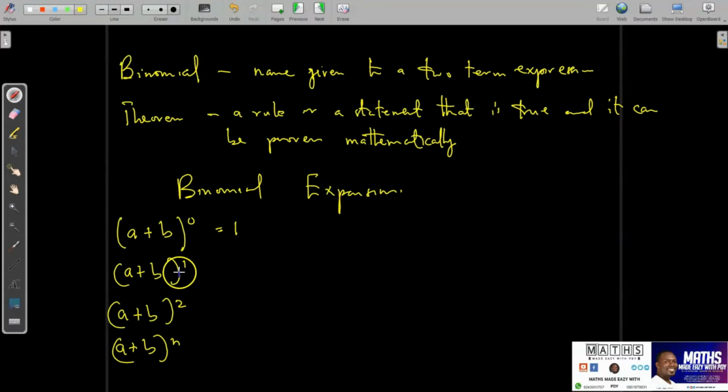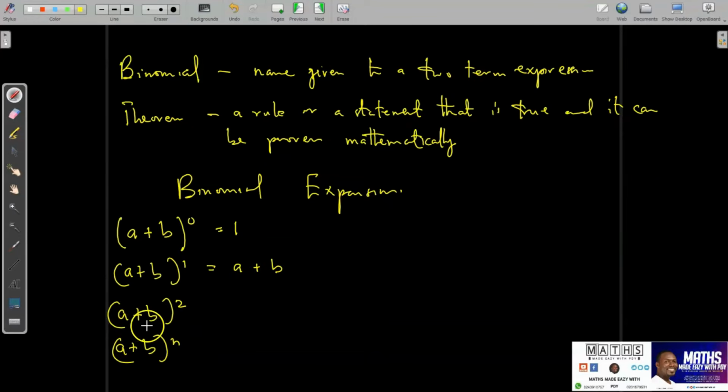And then again, from the laws of indices, any term raised to the power 1, what answer does it give you? That same term. So having (a + b) to the power 1, the answer is still going to be a + b.